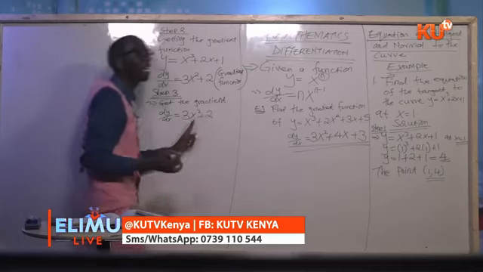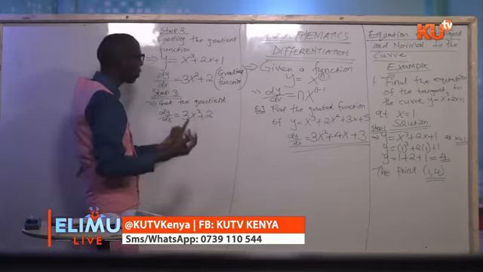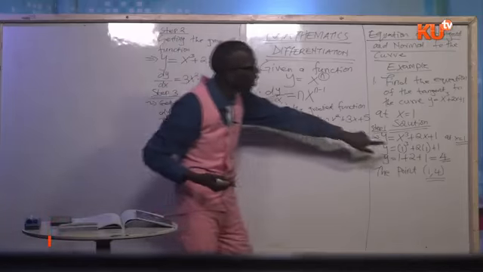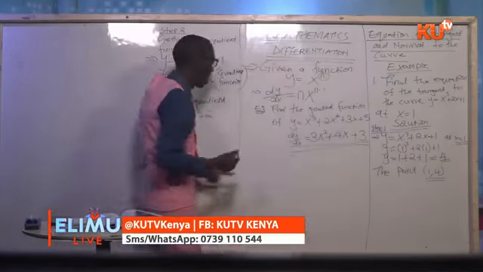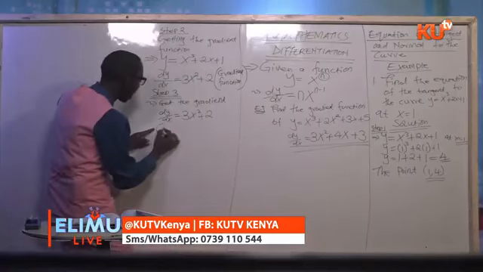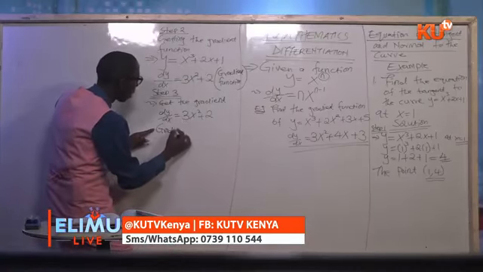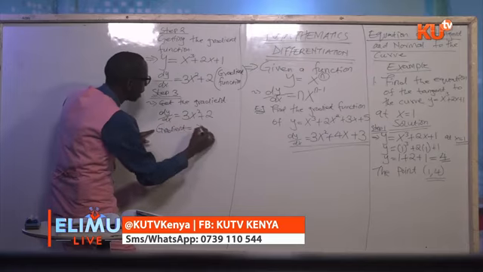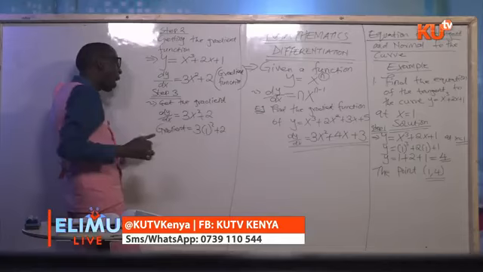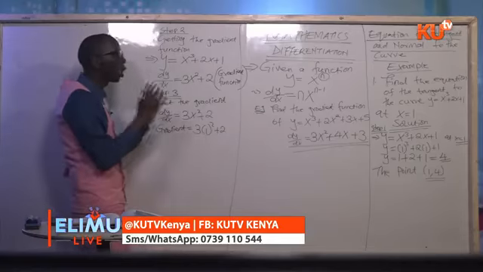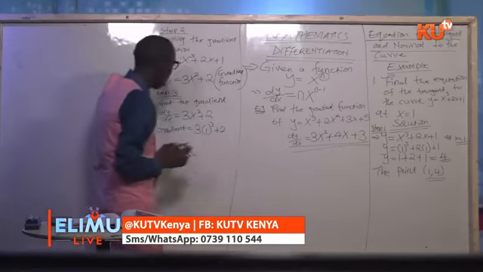In our gradient function, where we have x, we substitute with the value of x that is given in the question, which was 1. So our gradient will be 3 times 1 squared plus 2. Why 1? Because we are told x is equal to 1.